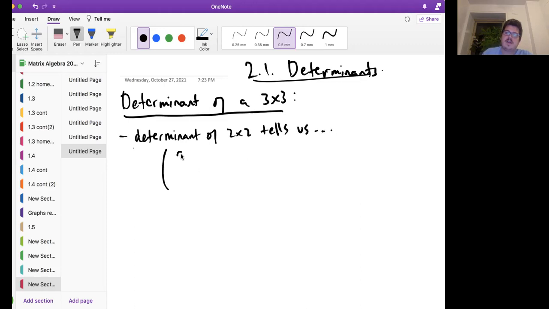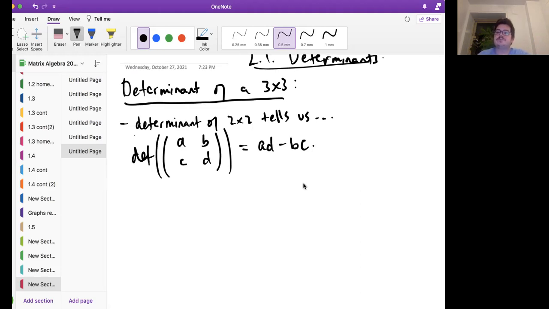So if I have A, B, C, D, the determinant of it. The 1 over AD minus BC is on the outside, but the determinant itself is just AD minus BC. So what does that tell you?